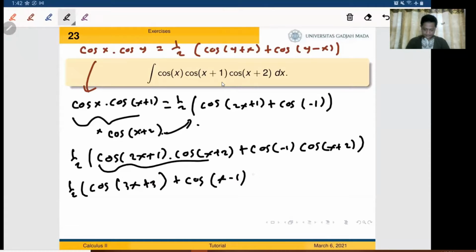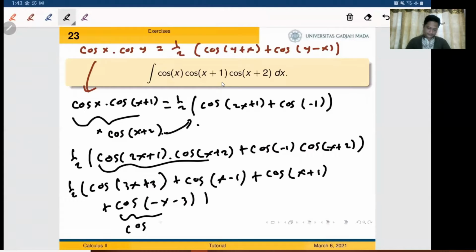And then plus cosine of x plus 1. And then plus cosine of the difference, minus minus, so it should be minus x minus 3. Is it correct? But cosine x is equal to cosine of minus x, so we can convert it into cosine of x plus 3. That's also the same, right?